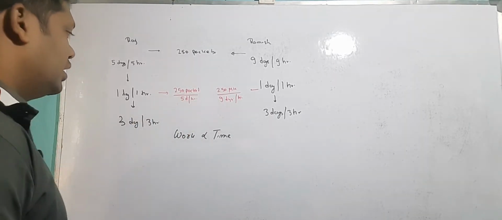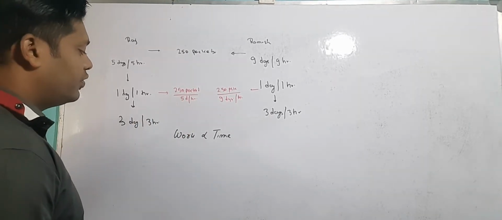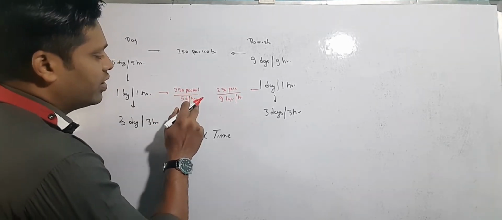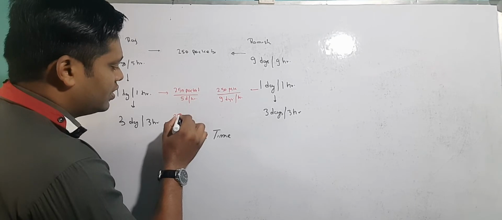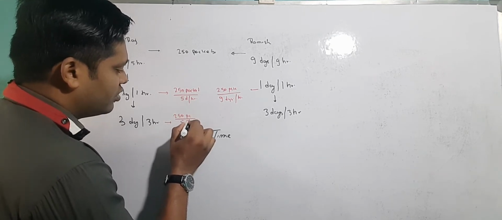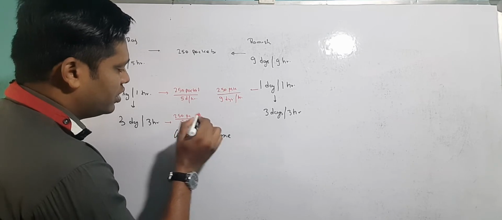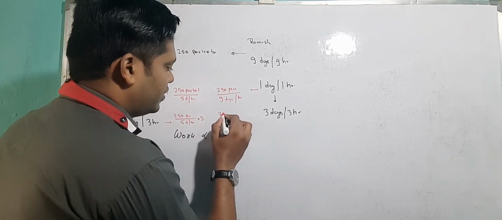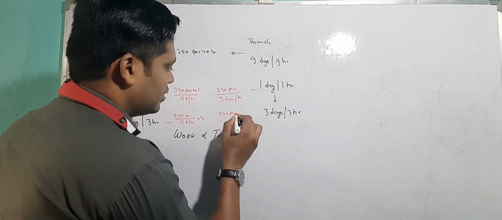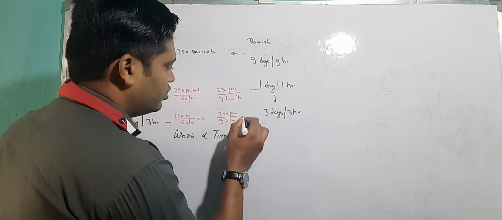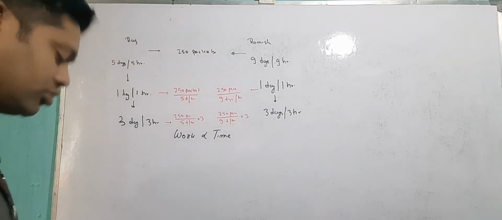Now if they say that he is doing it for 3 days, for 1 day the work is this much. So 250 packets by 5 days or hours into 3 days. This guy, 250 packets by 9 days or hours into 3 again. So you'll multiply, you'll solve.